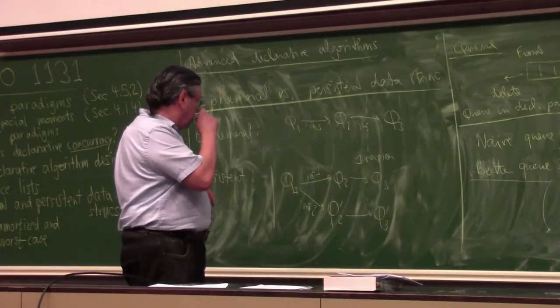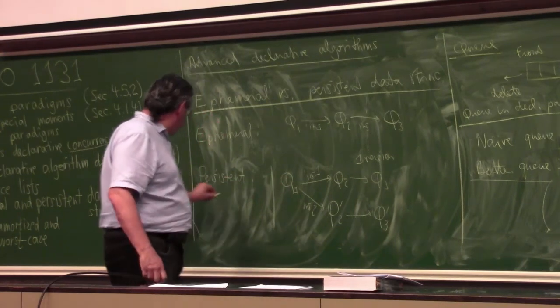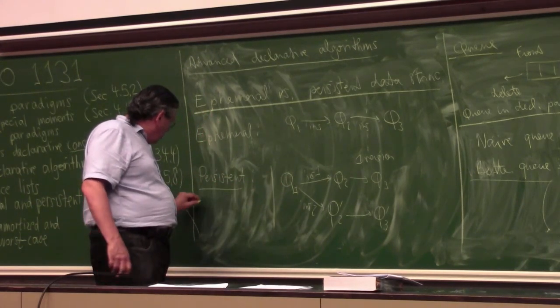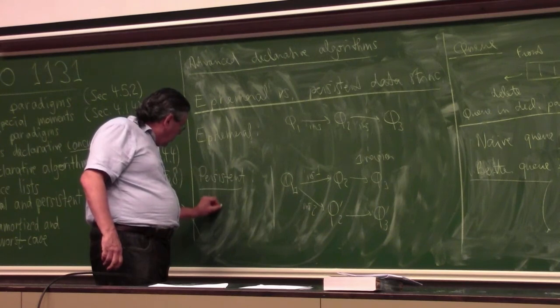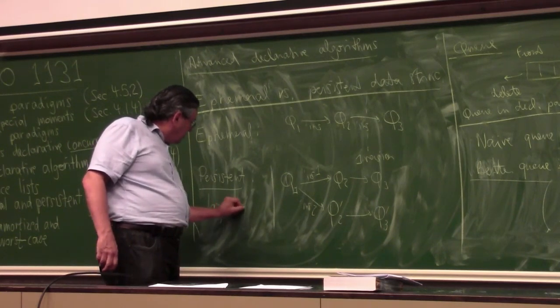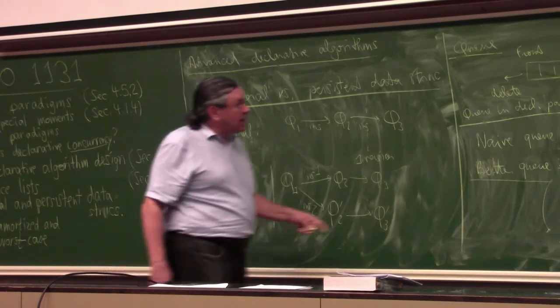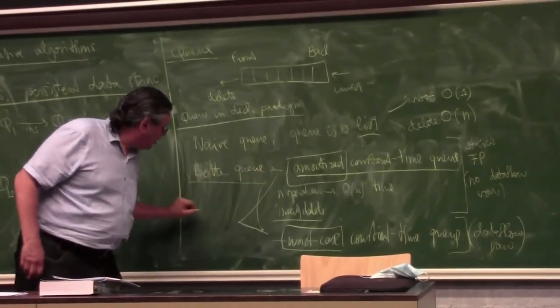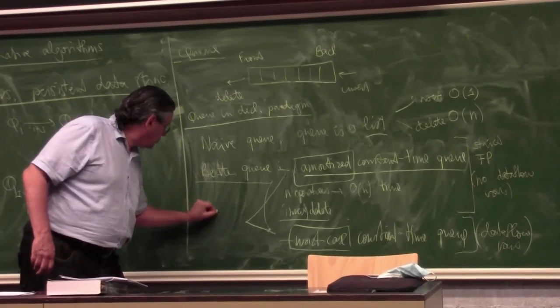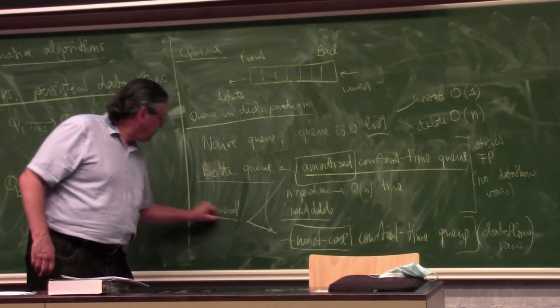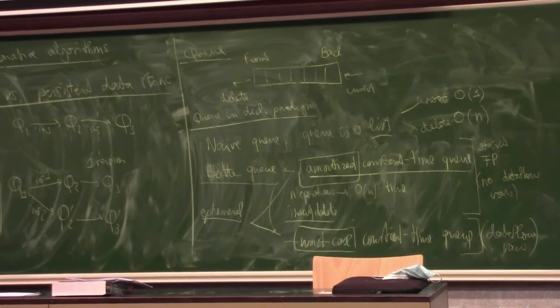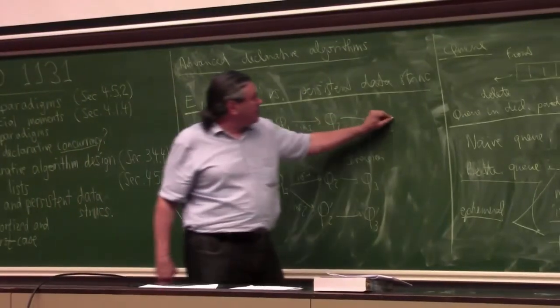Okay? So to make it persistent and constant time, I will actually need to do lazy evaluation. So neither of these actually works as persistent. Both of them are ephemeral, because only one version can exist at the same time.